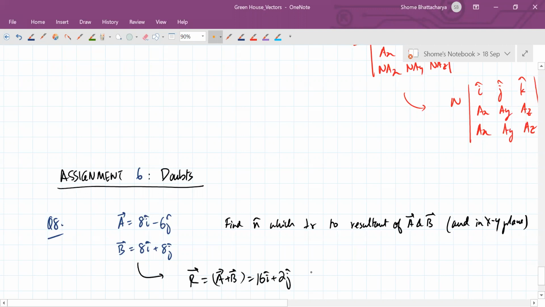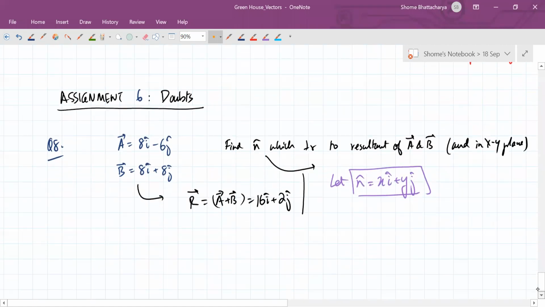So this is the resultant. Now suppose that unit vector is x i cap plus y j cap. Then we know two things about this vector.